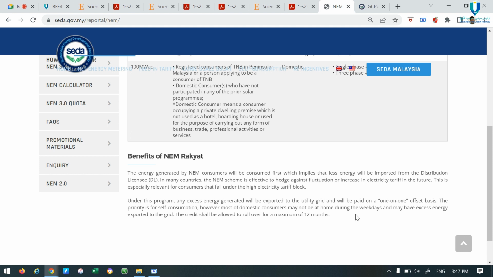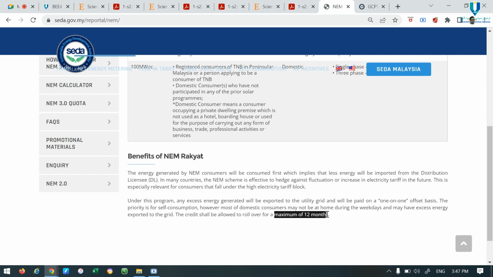You get the balance of 150 ringgit, and that 150 ringgit will bring to the next month. If next month you again use 100 ringgit, you have another extra 50 ringgit plus next month's generation. If we use less, it will keep bringing over until 12 months.